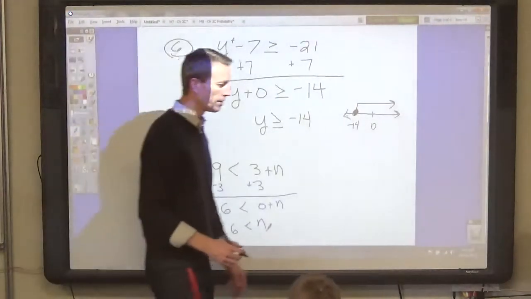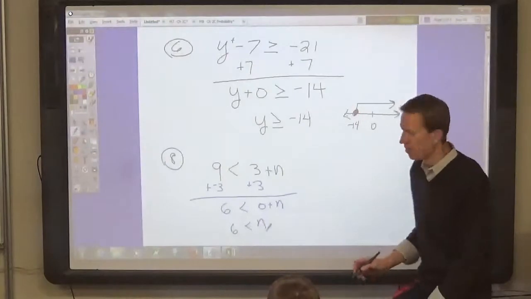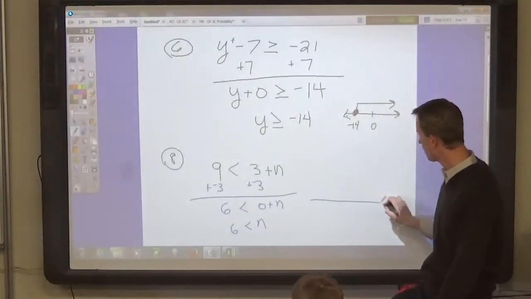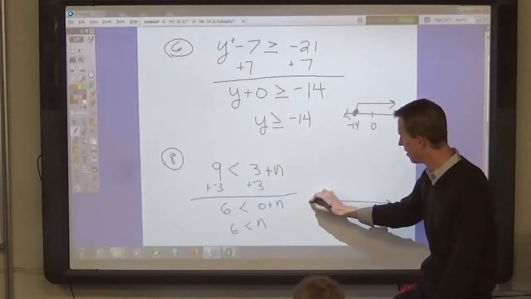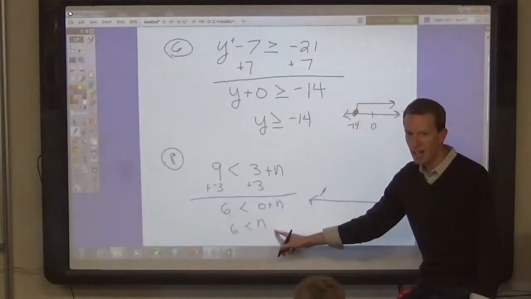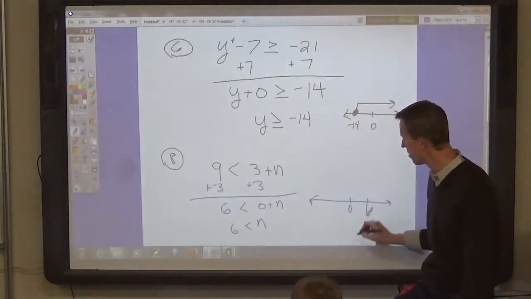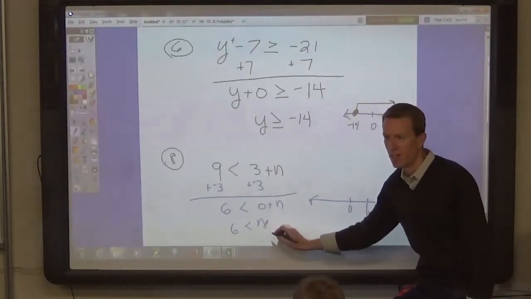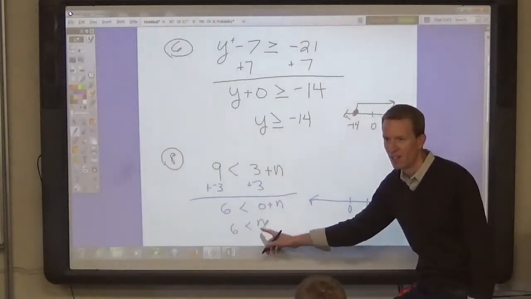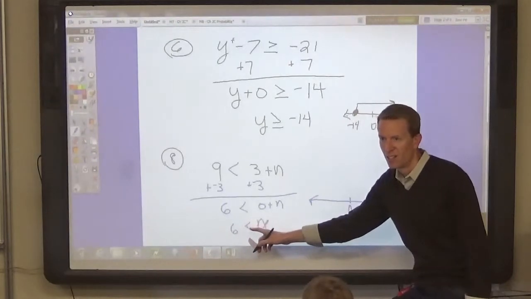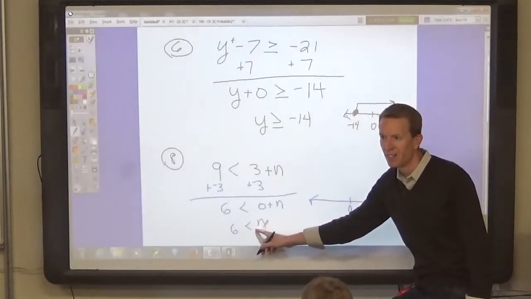How would we graph this? How do you graph 6 is less than n? If 6 is less than n, then what is n?